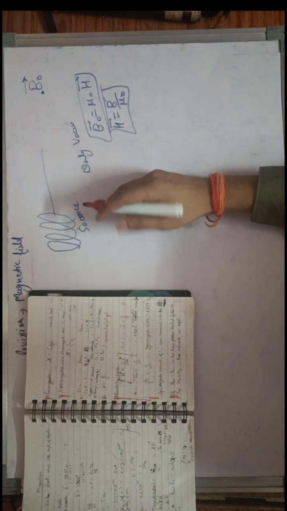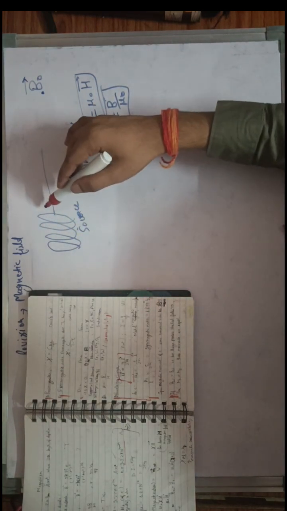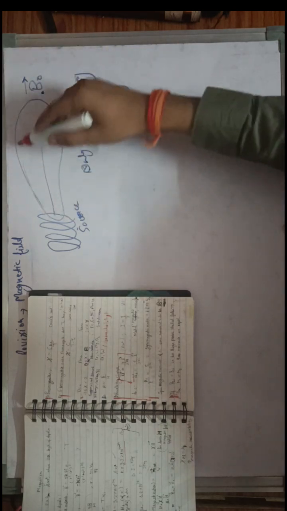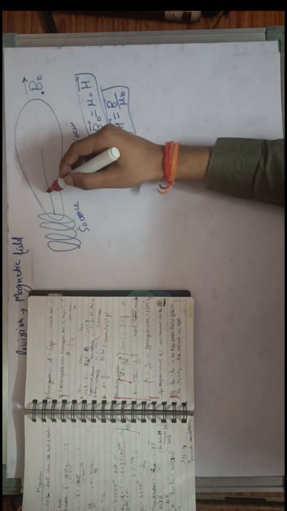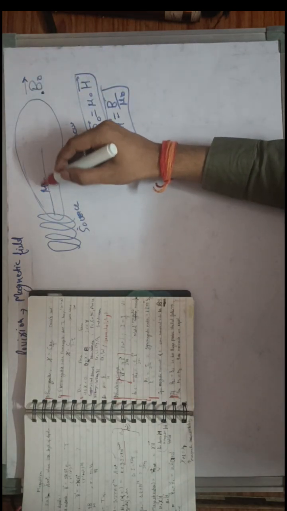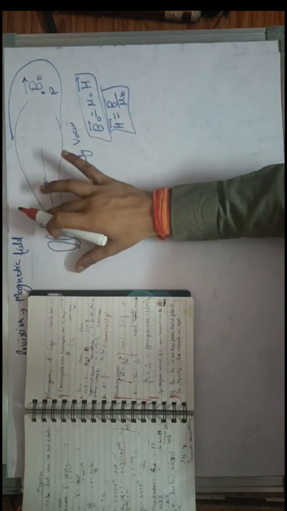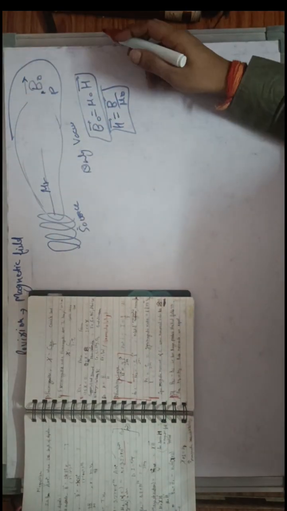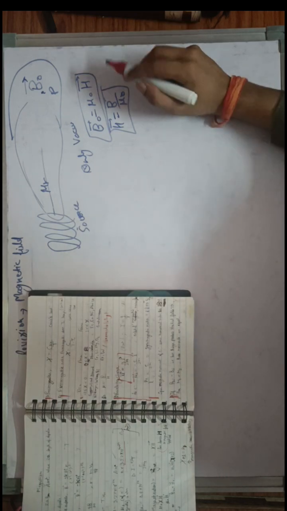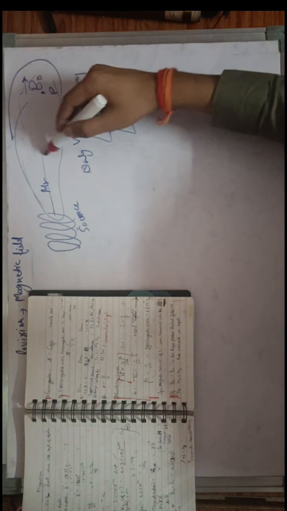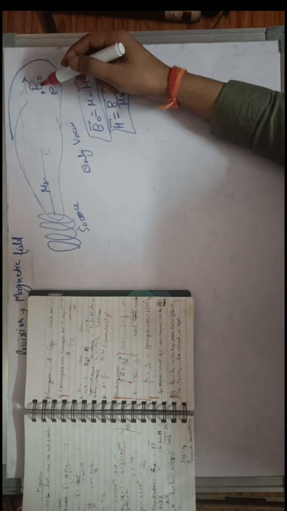Now let's say I introduce a medium here of relative permeability mu r. In this medium there is a point P again. Now the magnetic field due to this coil will remain the same, B naught, but this medium also produces some magnetic field.